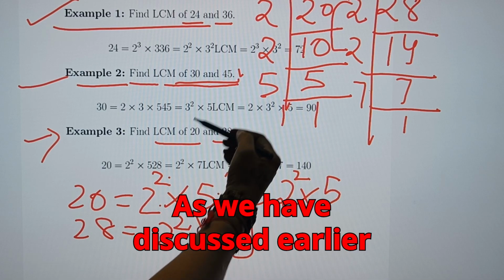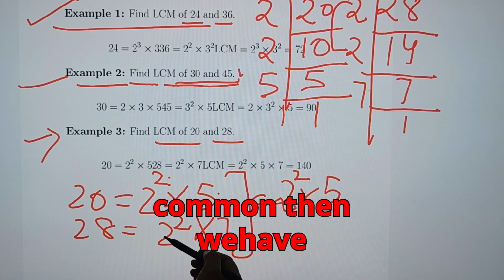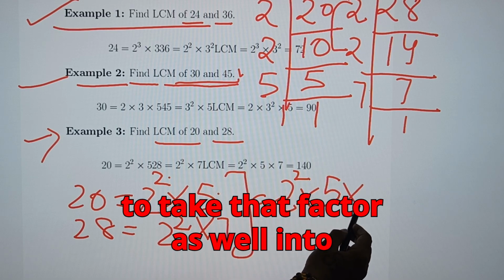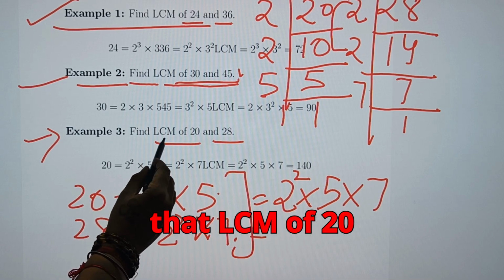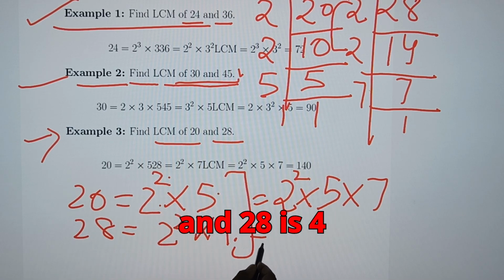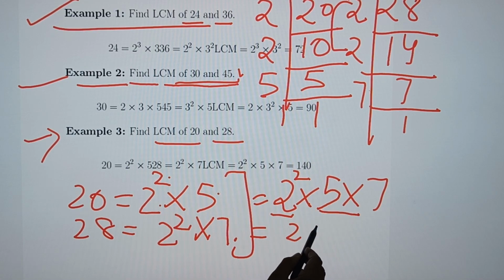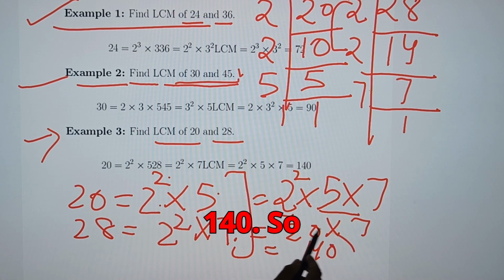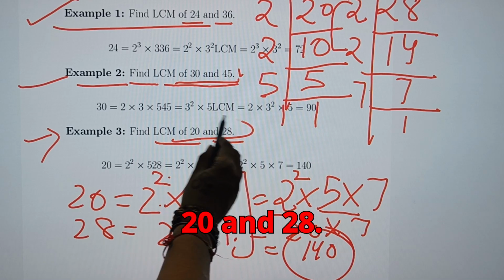As we have discussed earlier, if nothing is coming common, then we have to take that factor as well, into 7. So therefore we can say that the LCM of 20 and 28 is 4 into 5, which is 20, into 7, which is 140. So 140 is the LCM of 20 and 28.